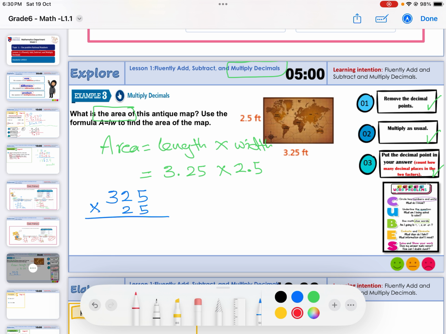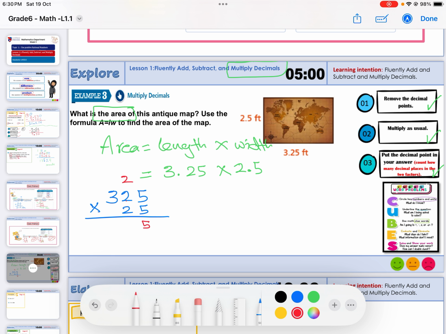So I'm going to start multiplying the ones. 5 times 5, that's 25. Always, always, always, the second place value, the tens, you always carry it. If you have a neighbor to give it to, if you have a digit next door, if you have a place value next door, you always have to carry the tens place up. So let's move on. Then I'm going to multiply 5 times 2.